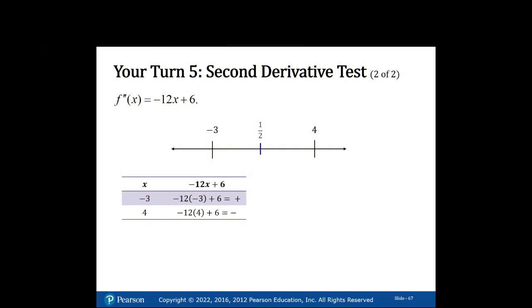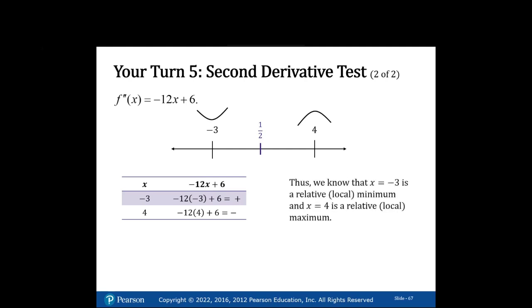I have my x values, negative 3 and 4, that I'm going to be testing. I have my second derivative lined up there. Now I plug in my values. I got a positive and I have a negative. So I know that negative 3 is concave up, 4 is concave down. So we know negative 3 is a relative or local min, and 4 is a relative or local max.